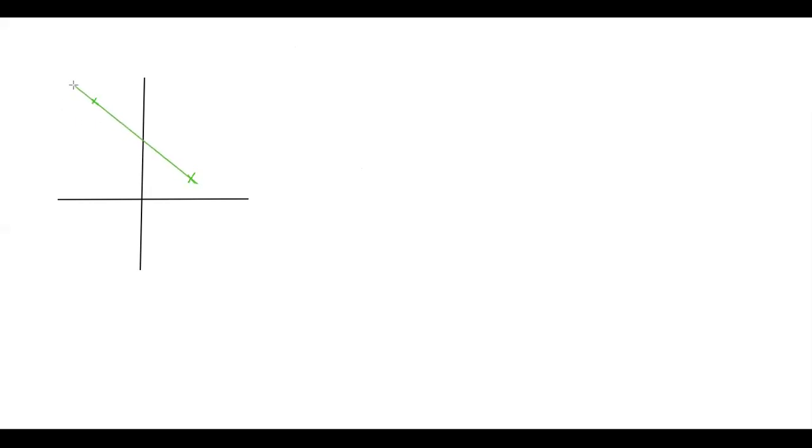So like these 2 points will determine this line here, correct? And if you give me any other 2 points, then these 2 points will determine another line. So that's what we said: 2 points will determine a line.